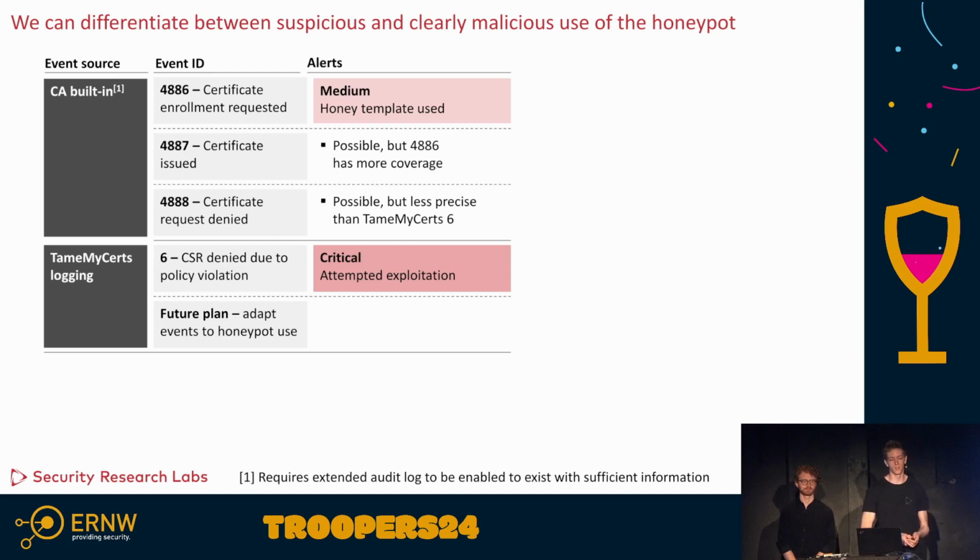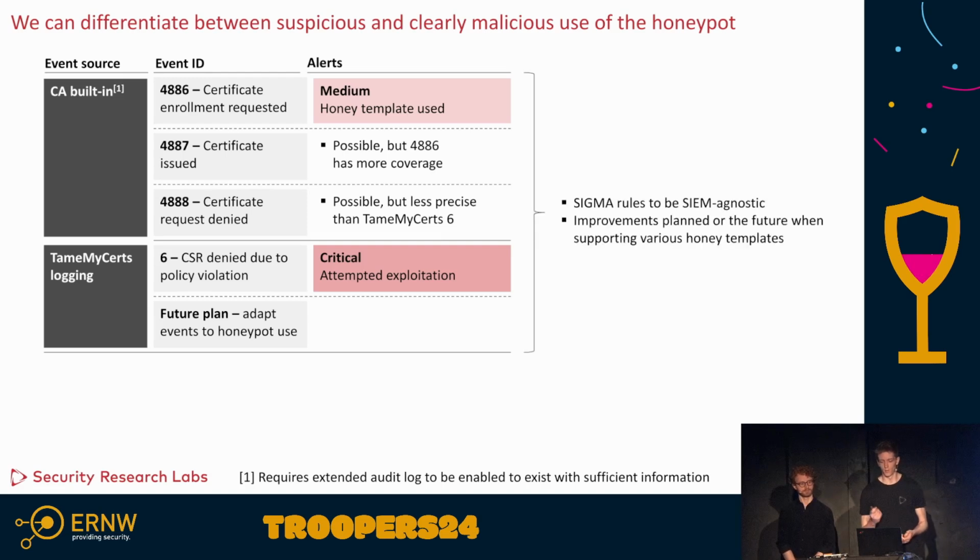Then with the extended logging from TameMyCerts, we can also create a highly critical alert whenever someone actually tries to exploit ESC1 in combination with that template on the CA. In the future, as we've already discussed with the maintainer of that module, it's easily possible to extend the logging capabilities even further for more customized alert rules.